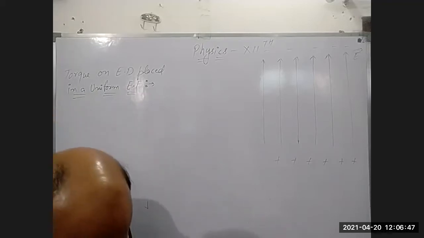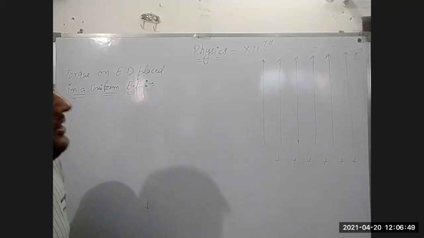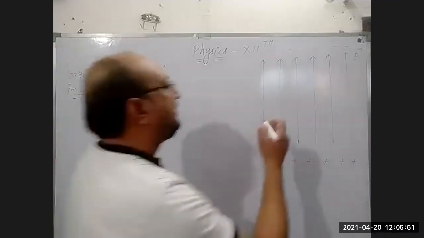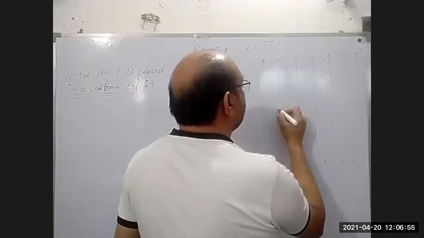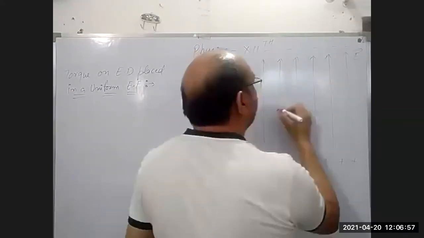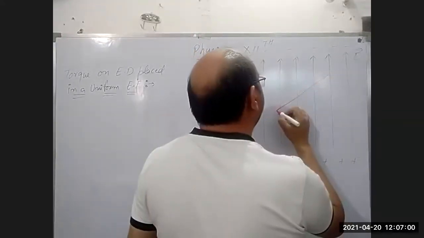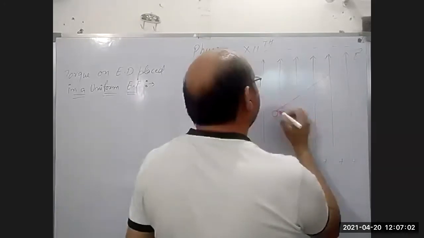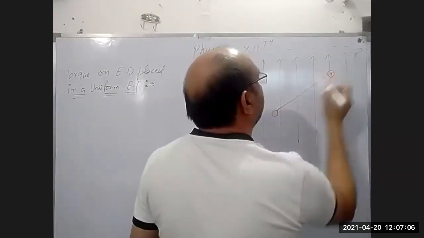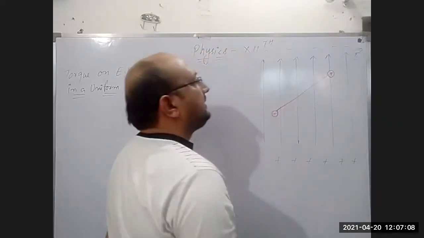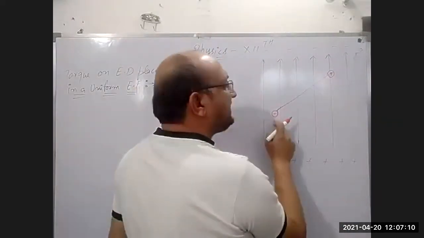Now draw an electric dipole. This one is positive, this one is negative.